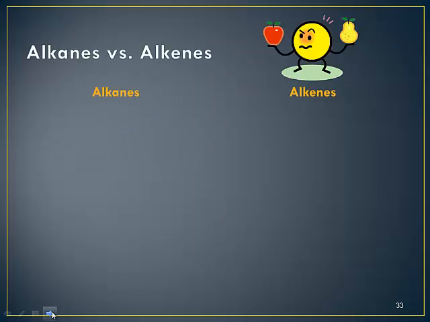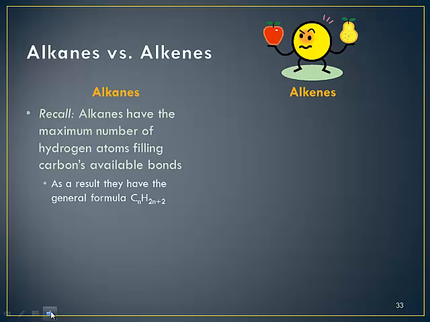So let's just compare alkanes and alkenes. When we looked at alkanes, we have to remember that they have the maximum number of hydrogen atoms filling carbon's available bonds. What we saw was that carbon can form four bonds, one of which, for a terminal carbon, needs to be taken up bonding to the second carbon, and the remaining three are taken up by hydrogens.